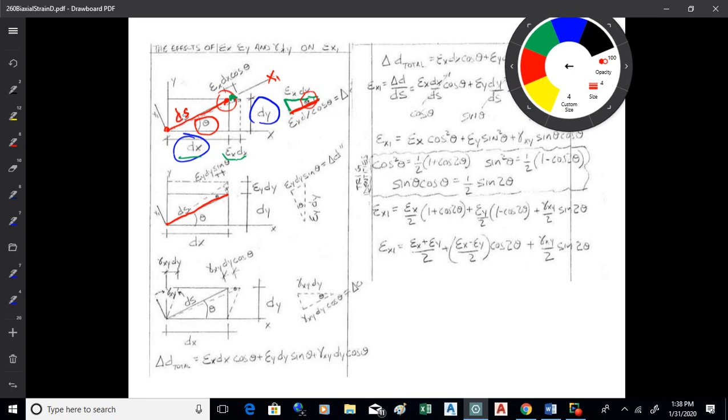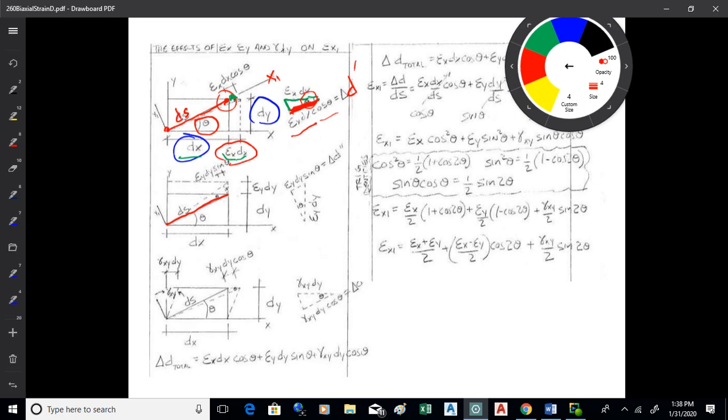So this lengthening that I'm calling out right there is epsilon x dx, which is our delta in the x direction, times cosine of that angle. Okay. And I'm going to call that delta d prime. I think that's what I called it anyway. Is that what I called it? Yes.